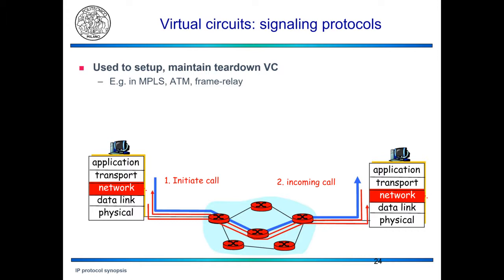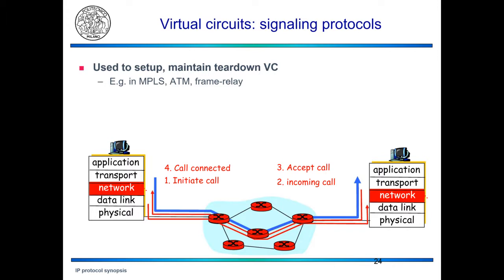So when the network layer has notified the incoming call, then the transport layer sends a command of accepting the call, and there is the second arrow that you see coming back, the red arrow across the network. This represents the sending of the confirmation messages.